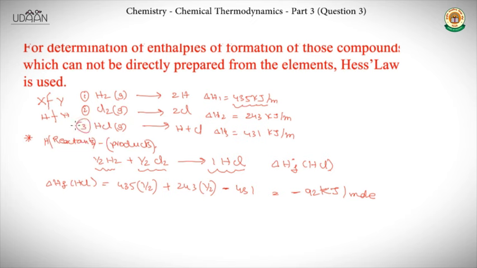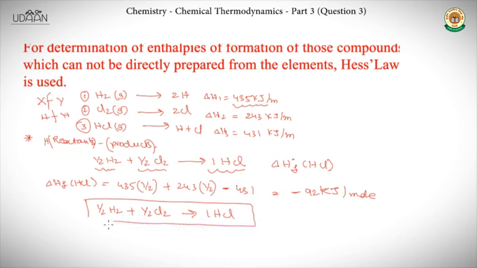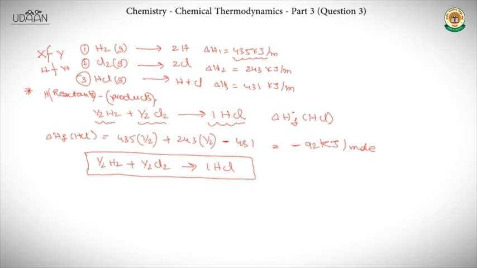Use some basic algebra. We want to find the heat of formation of HCl, in the sense, the heat involved in this reaction. So use algebra for equations 1, 2, 3 and get this one. How do you do that? Add equation 1 plus 2, divide it by 2, subtract it from the third one.